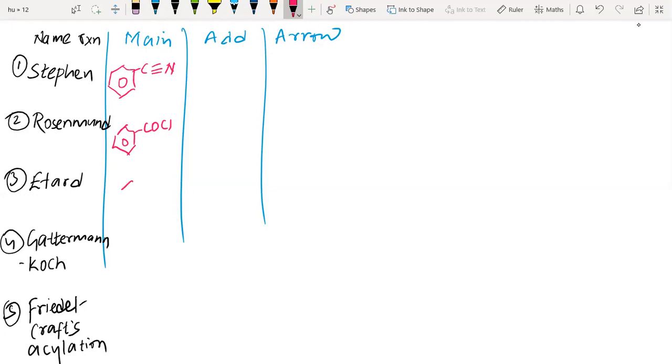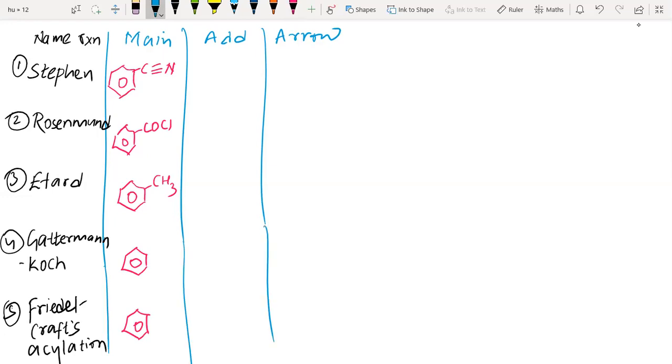And for Etard we have toluene. For Gattermann we have benzene. For Friedel-Crafts acylation, we can write benzene here.